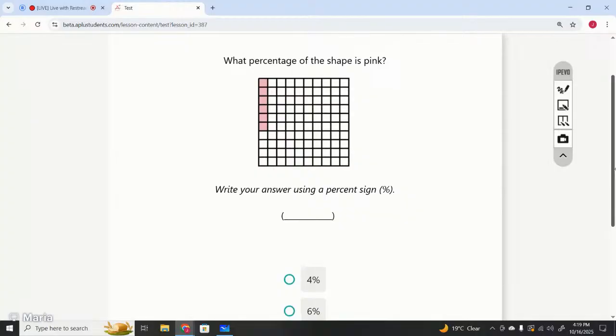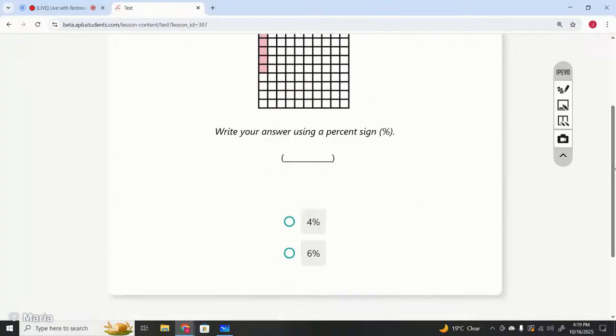What percentage of the shape is pink? That is 4%. Option number 1 is the correct option.